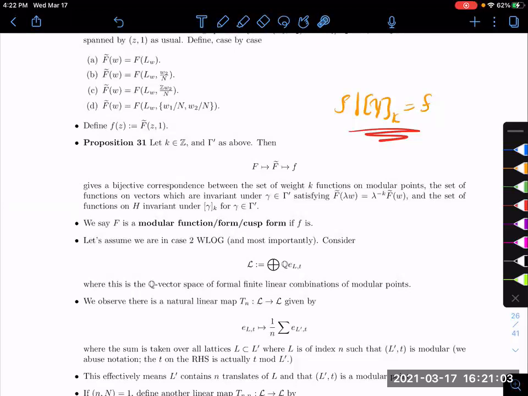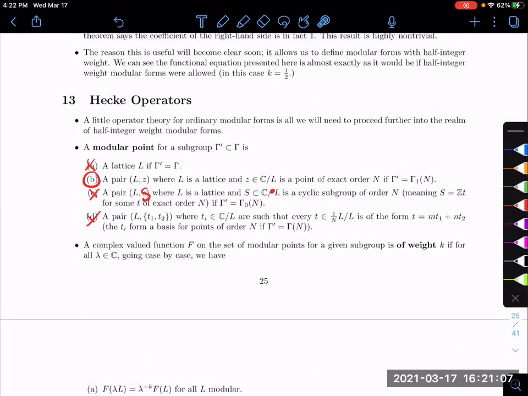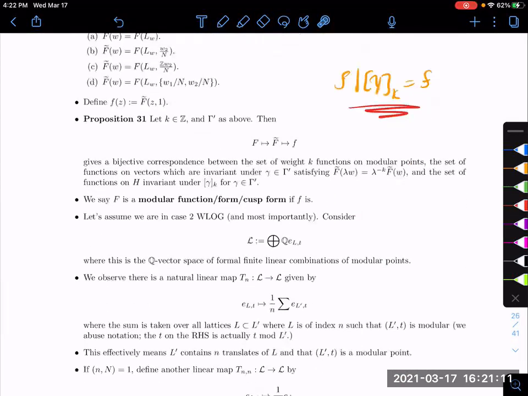Okay, so that's just a lot of technical jargon. What are we going to do with this? Well, again, I want you to just focus on the second case here, where the subgroup is big gamma sub 1 of n. So we're going to focus without loss of generality on that case. And we're going to define this kind of math cal L symbol. I don't really know how you say that out loud, but I'll just call it script L maybe.